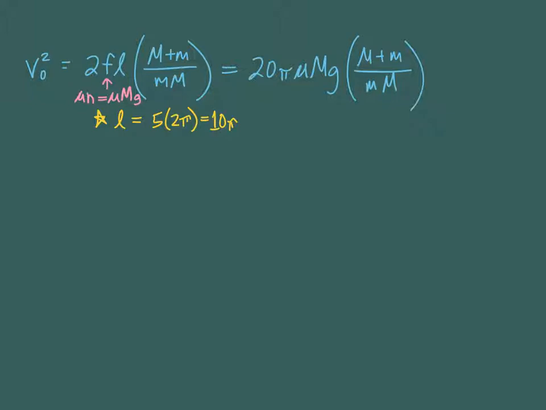And what happens here is I get these mass of the skaters drop out. So V naught squared would equal 20 pi mu.